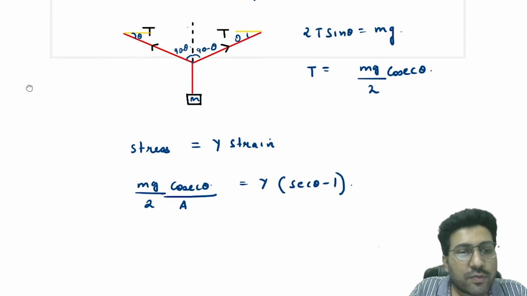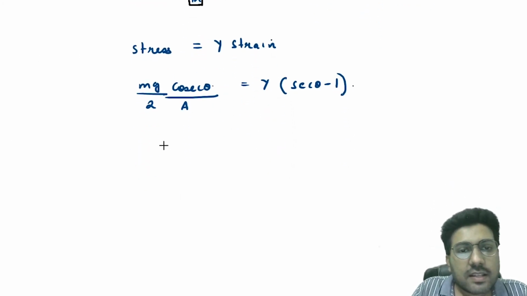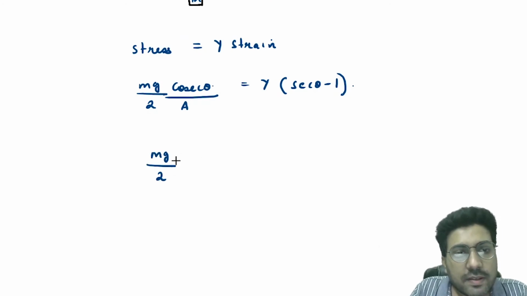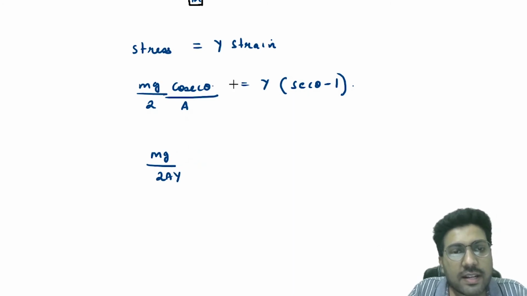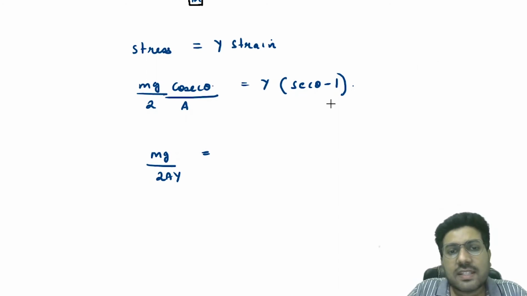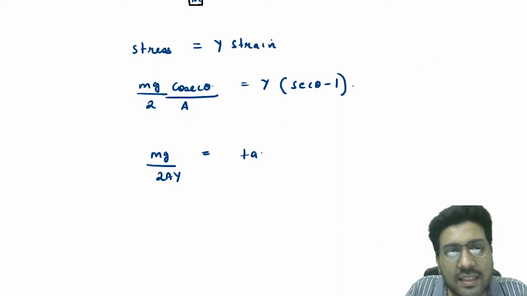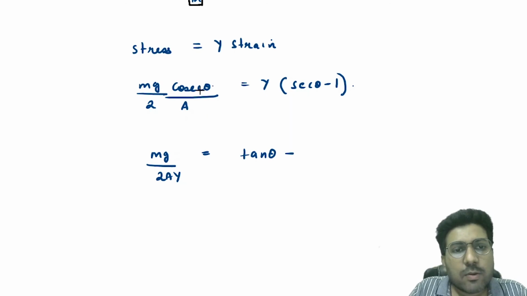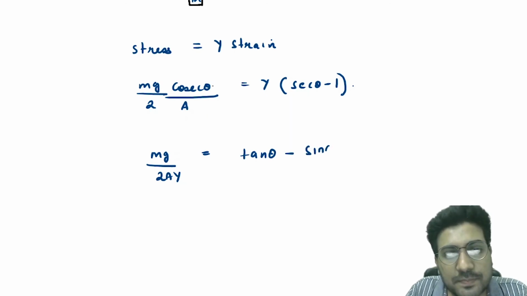So from this you will get mg by 2AY is equal to, now sec theta by cosec theta is tan theta. So you will write tan theta minus 1 by cosec theta is sin theta.